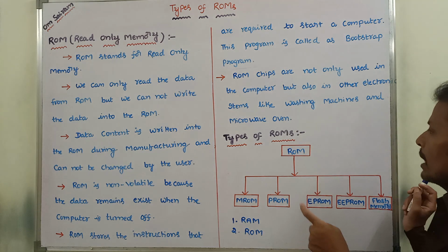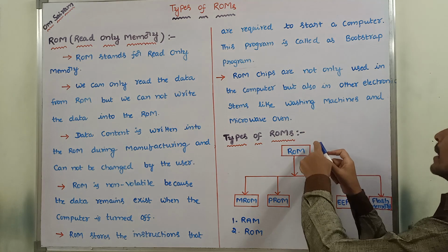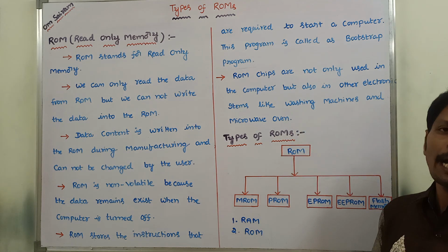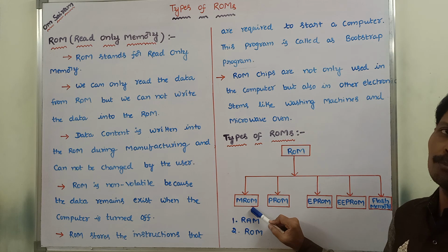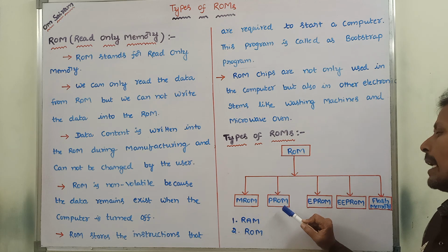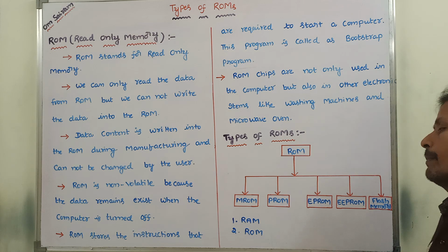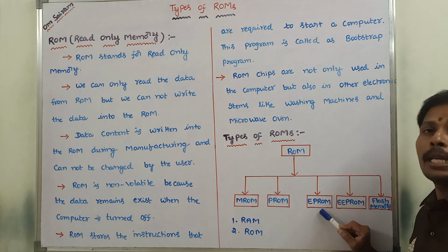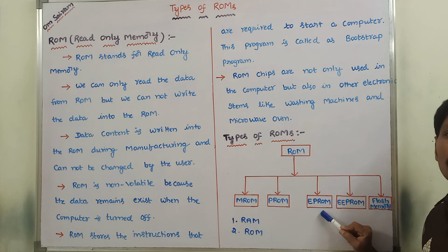Next one is types of ROMs. ROM can be divided into 5 types. First one is MROM, that is nothing but maskable read-only memory. Second one is PROM, stands for programmable read-only memory. Third one is EPROM, erasable programmable read-only memory.